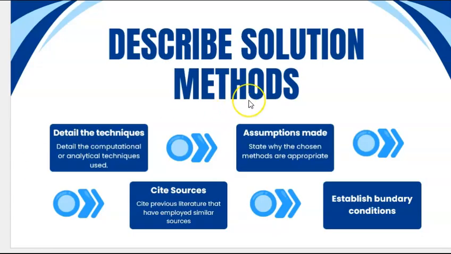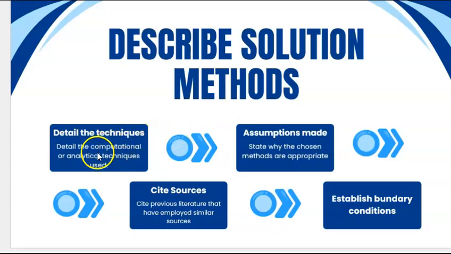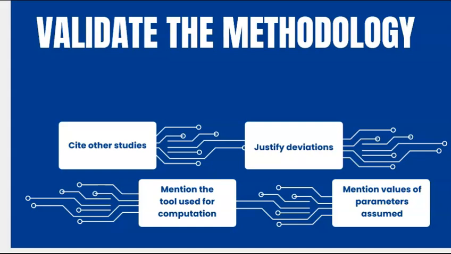Now, in describing the solution, you begin with detailed steps, then you move to the assumptions made, then you cite sources, then you establish some boundary condition. In validating the method, the methodology, you cite other studies, you justify deviations from the other studies you've cited, you mention the tool used for computation, and you mention the values of parameters assumed.